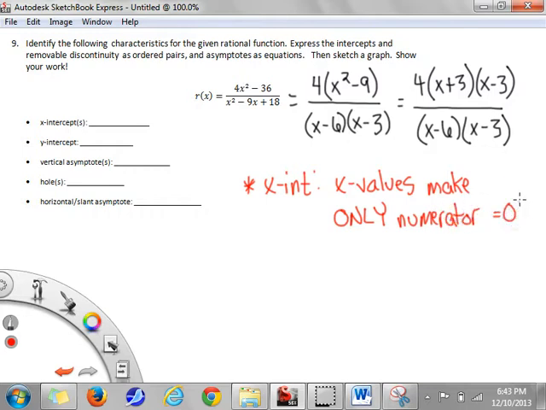I say only the numerator because if we look at our numerator and denominator, the x value positive 3 would make the numerator and the denominator be 0 because both the numerator and denominator have that factor. So that's not going to be an x-intercept. So negative 3 is the only answer, coming from this factor right here. This is the one that creates our x-intercept. It would be negative 3.